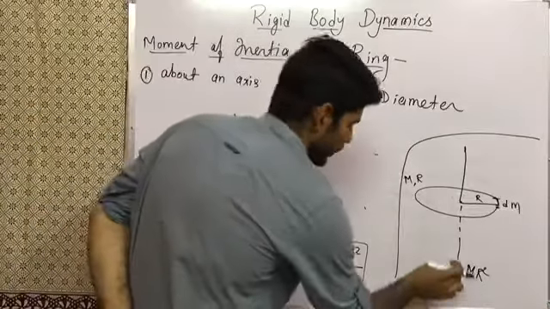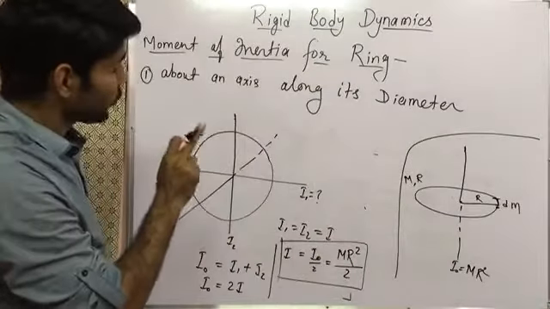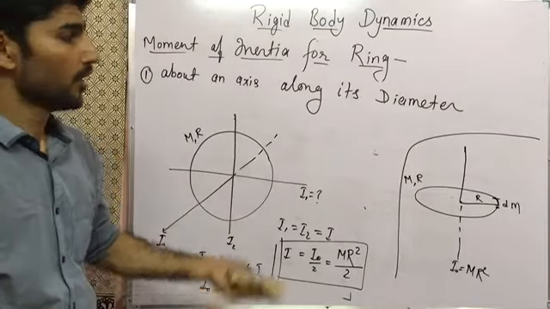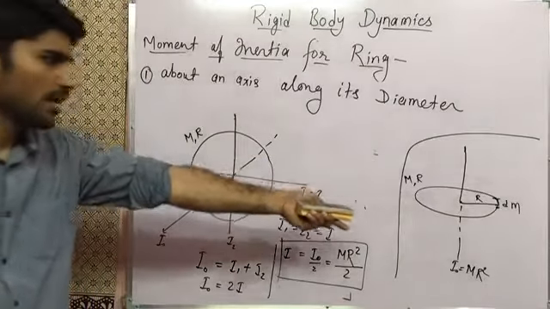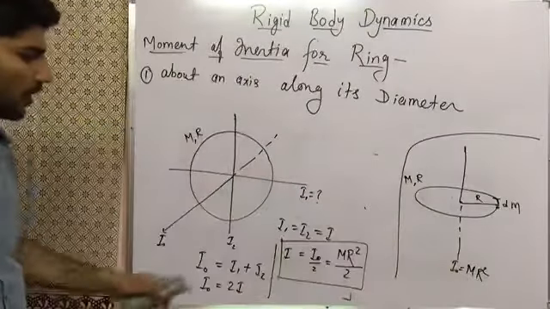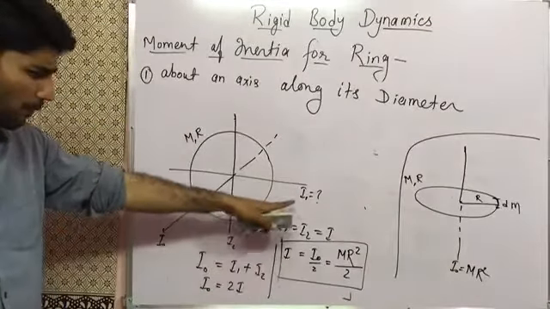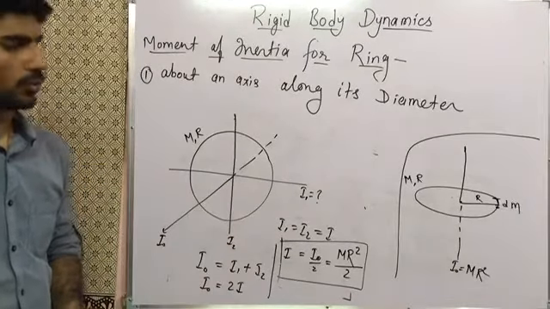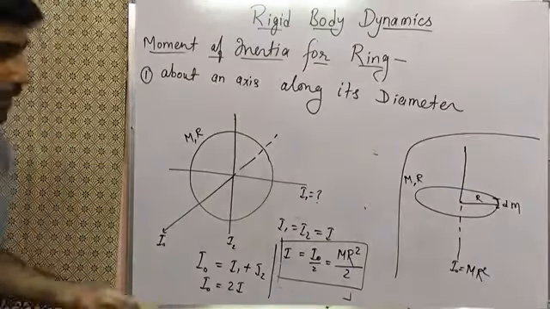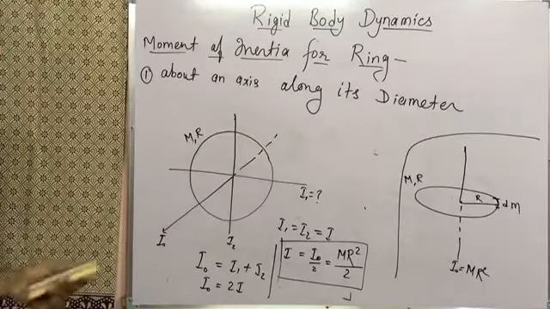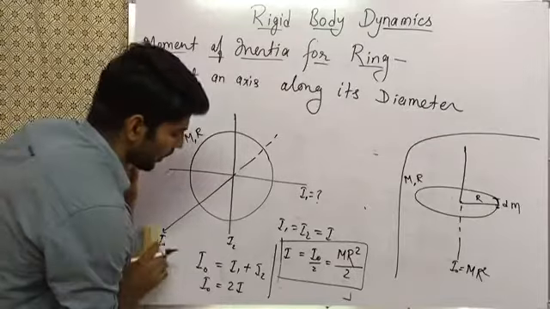That means the moment of inertia along the diameter is half of the moment of inertia about the main axis, or we can say the previous axis. So this is the formula for I1 and I2, and that is mr squared by 2, the moment of inertia passing through the center and along the diameter. So that's how we use the second formula.